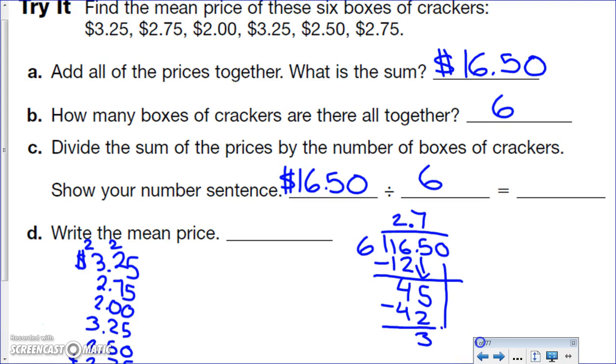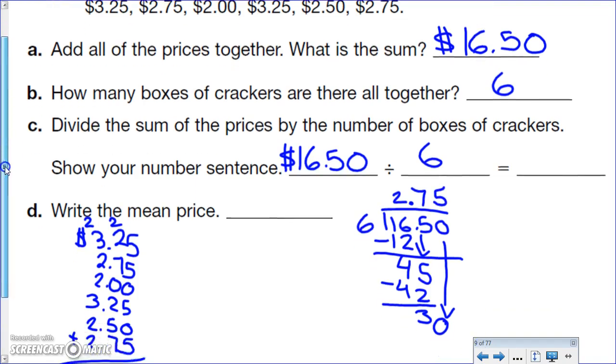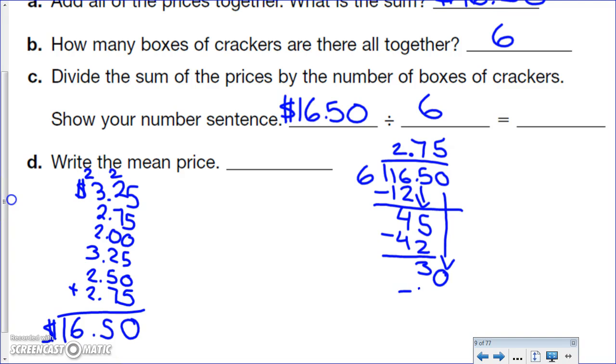Bring the 0 down. 6 goes into 30 5 times. So after the equal sign, we need to put $2.75. So the mean price or the average price of the box of crackers is $2.75.